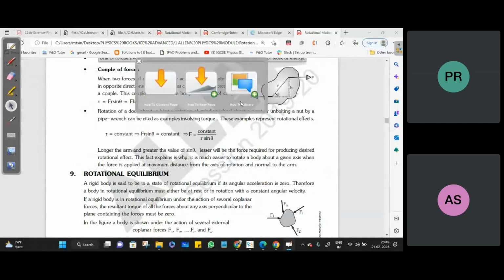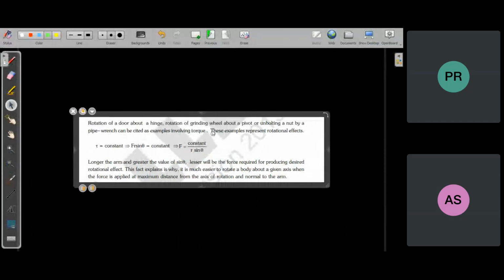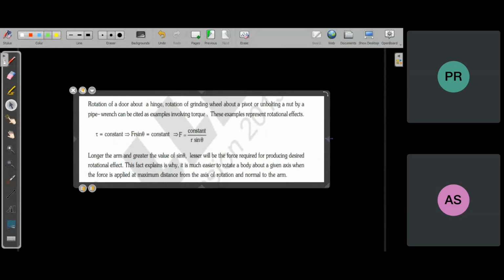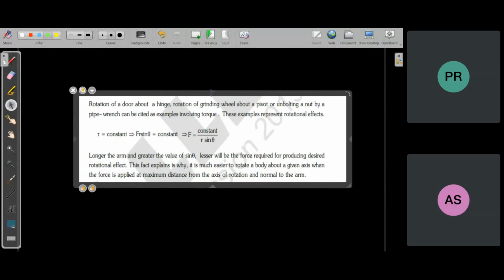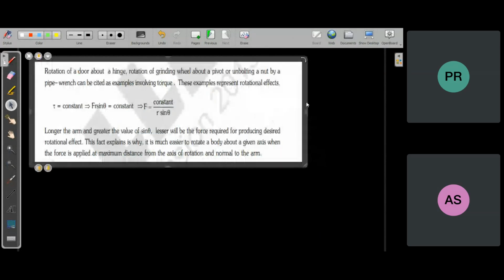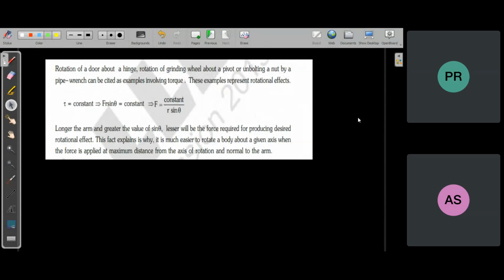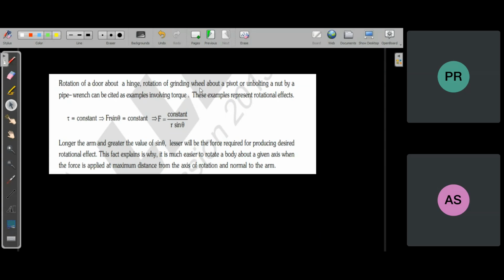Then the torque cannot be the same. About a different point or a different axis, the torque will be different. So only in this case will they be equal. About any point it will be constant, not in any other case.